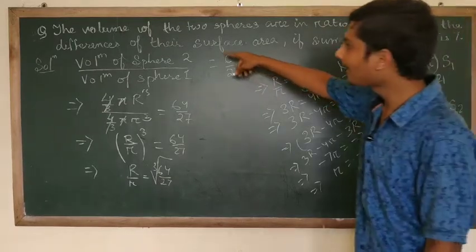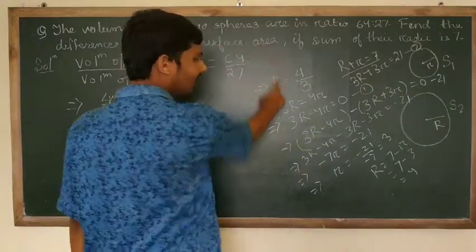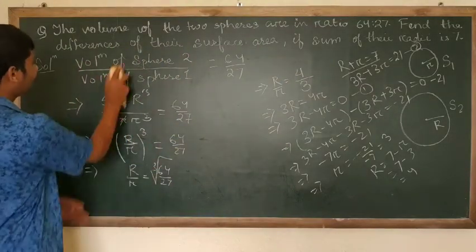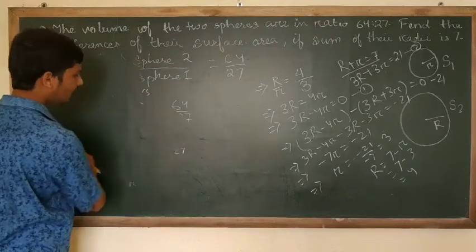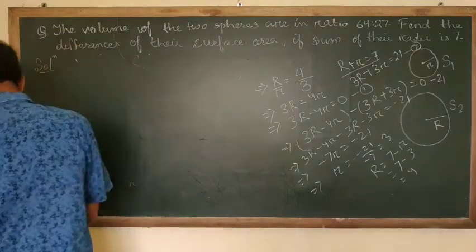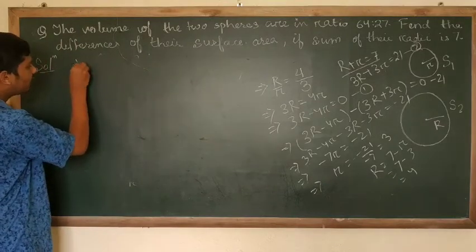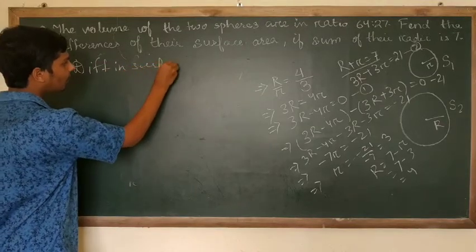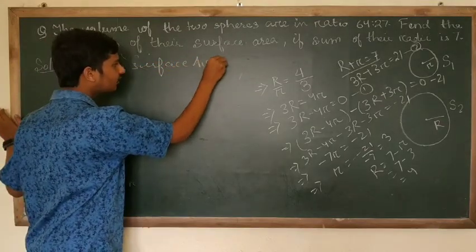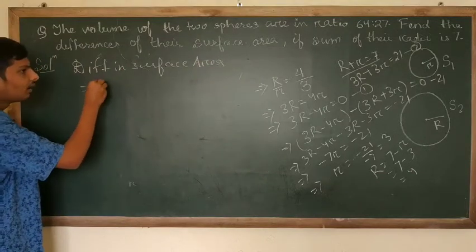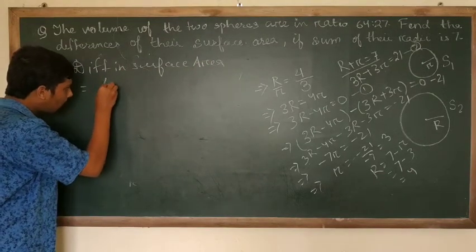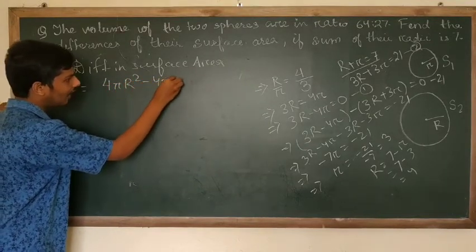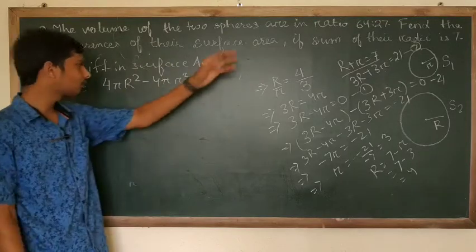And now we have to find the difference of their surface areas. Difference means bigger minus smaller. So the difference in surface area will be equal to 4 pi R square minus 4 pi r square, bigger minus smaller.